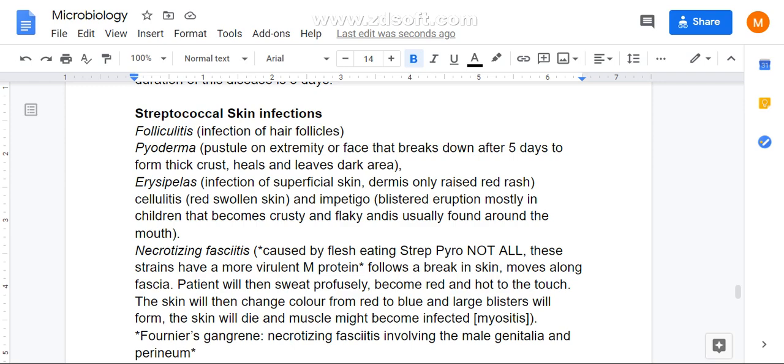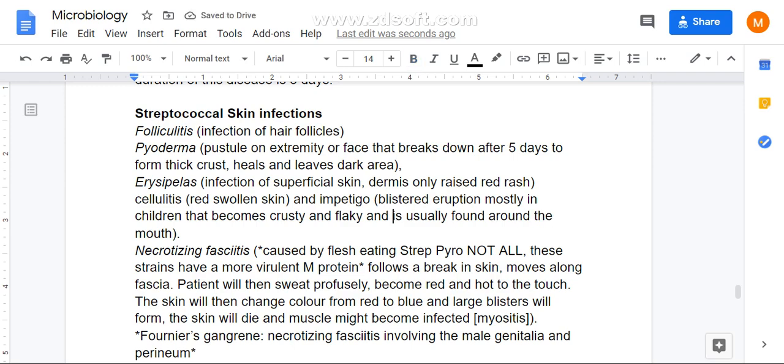It only affects the dermis, and it will manifest as a raised red rash. It's only superficial, right? It doesn't go further than the dermis. It also presents with cellulitis, which is red swollen skin, and impetigo, which is a blistered eruption, mostly in children, that becomes crusty and flaky and is usually found around the mouth or oral cavity.